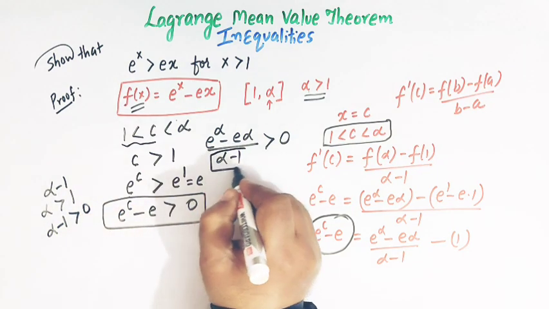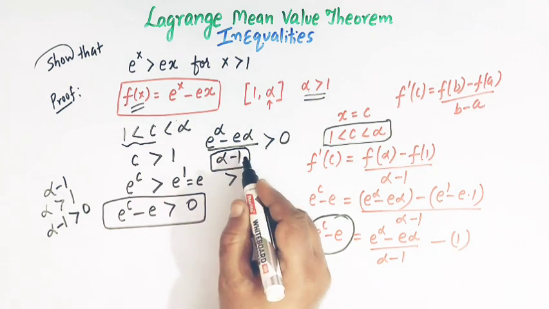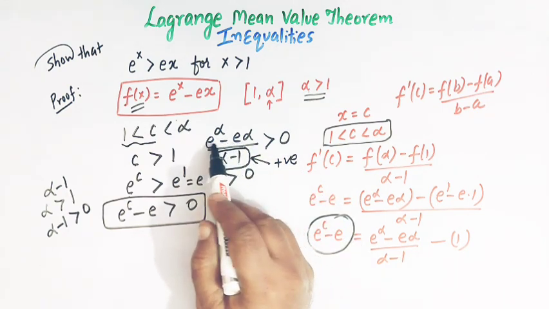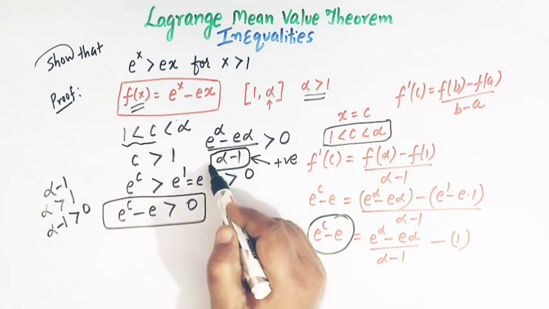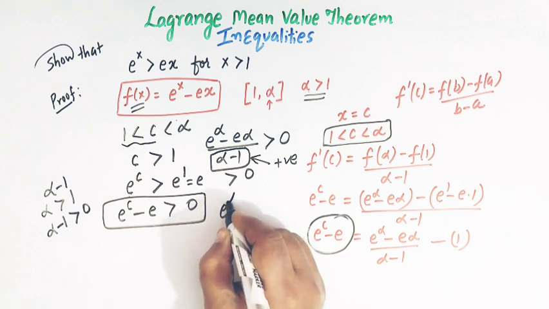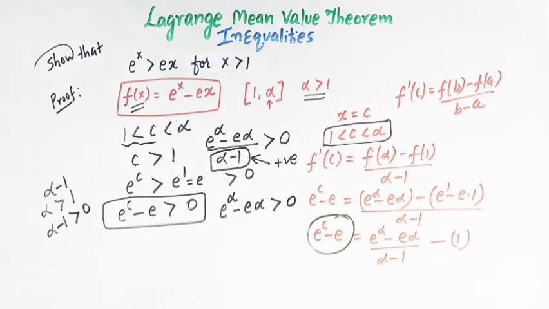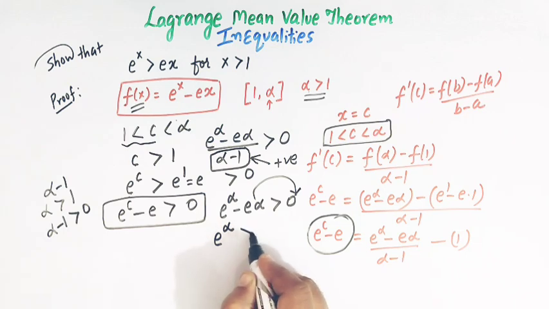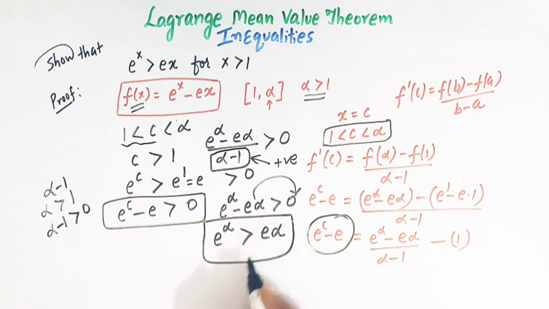So this quantity is always positive. If we multiply both sides of this inequality by alpha minus 1, we get rid of alpha minus 1 here, right? So we are left with only e raised to alpha minus e alpha greater than 0, right? Now taking this term to this side, we get e raised to alpha is greater than e alpha, right? So this is an important result here.